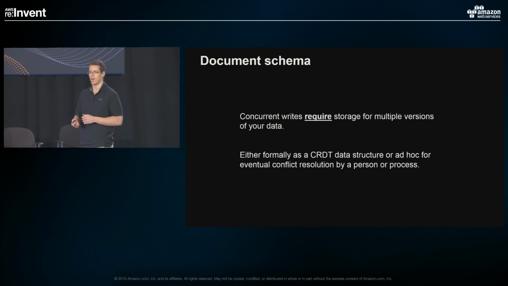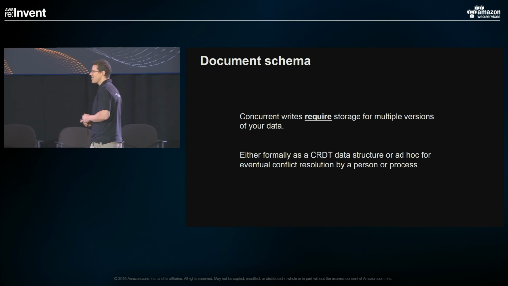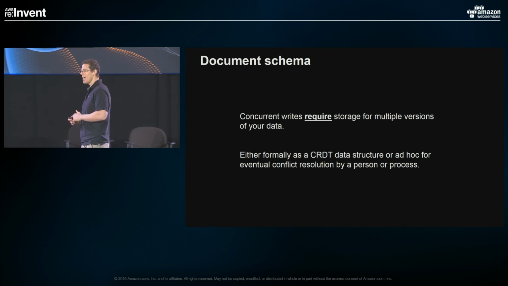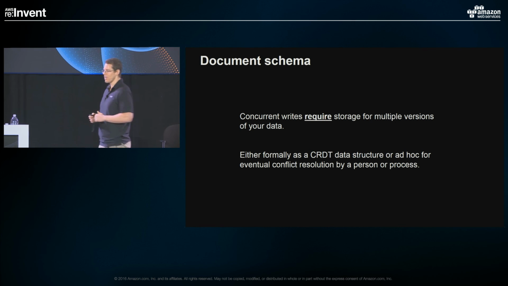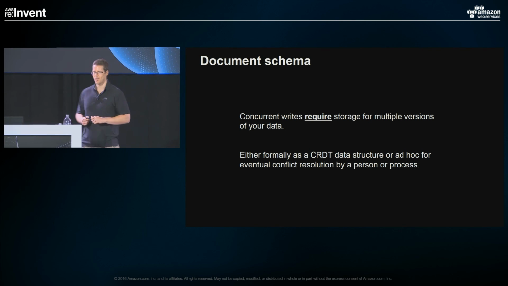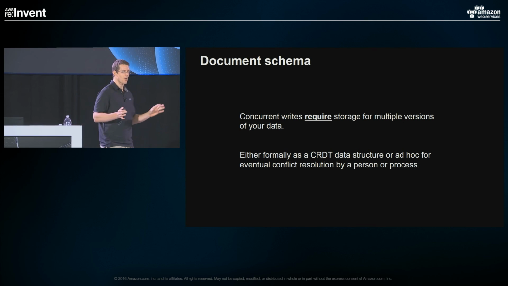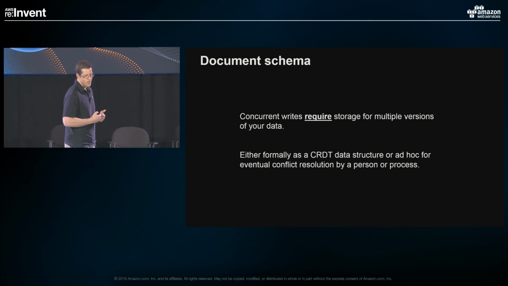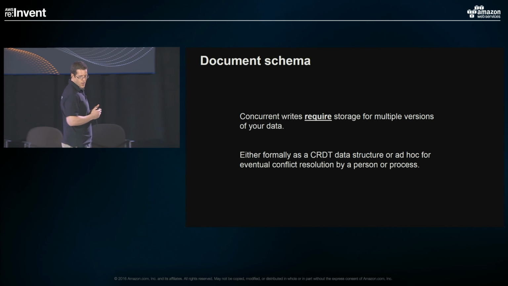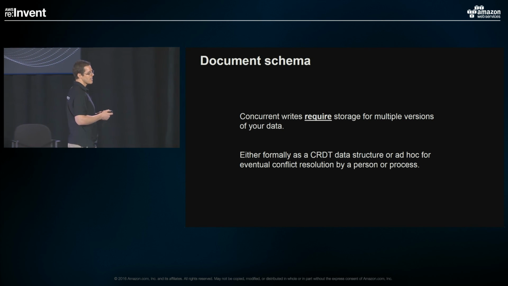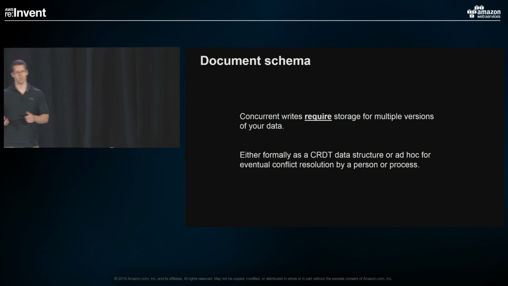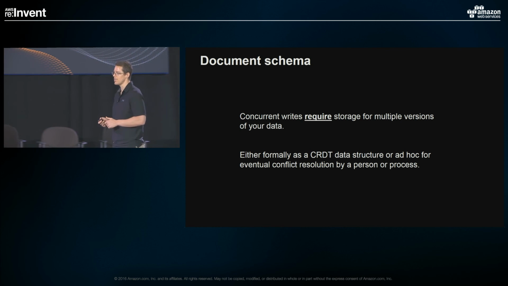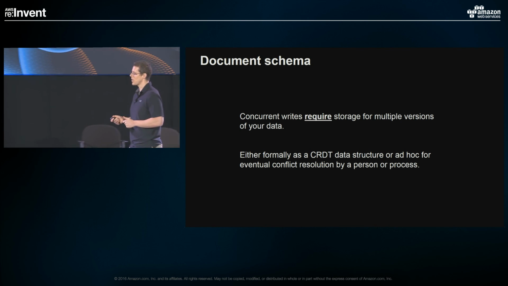There are these things called CRDTs. That acronym actually stands for a couple different things, but one of the things it stands for is convergent replicated data types. That's kind of like the formal academic work on how to solve write conflicts in distributed systems. So that's one of those hooks. If you're thinking about going down this path, read about CRDTs a little, learn about them.